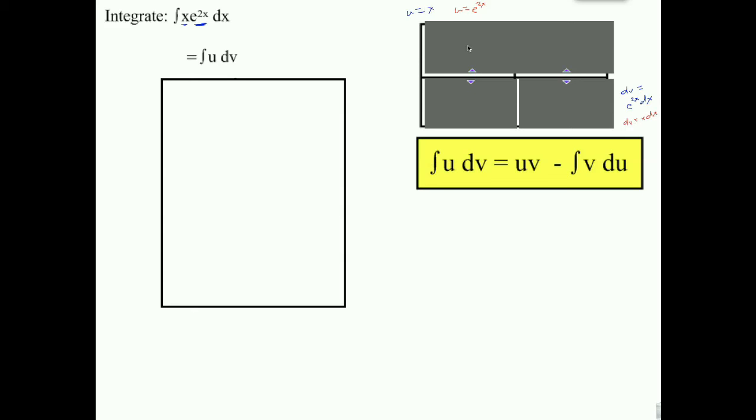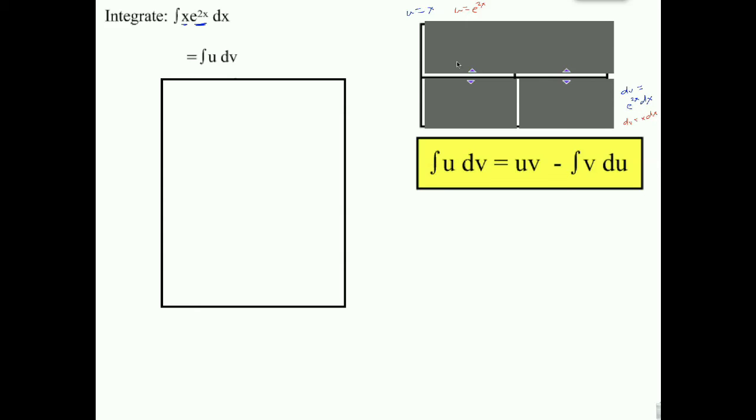If we put x in here, this does become simpler. It would just be du equals dx, and this one, if we integrate, it doesn't become more complicated. It would just be like something to the 2x. So that seems like a good choice.